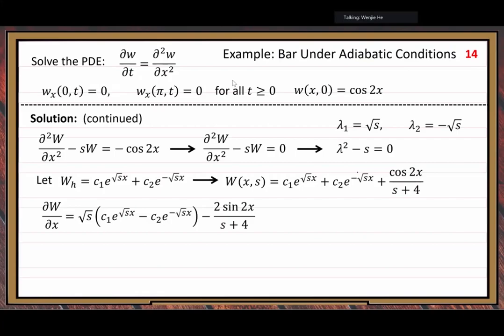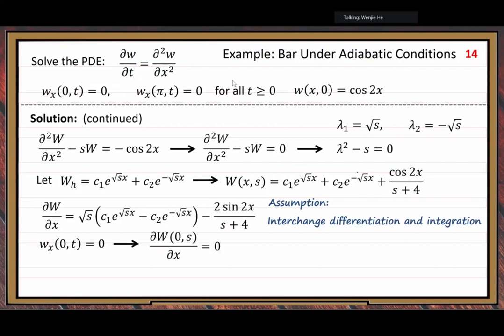Now we apply the interchange of differentiation and integration again. Let's apply the Laplace transform to both sides. The right-hand side is 0, and the left-hand side relates to capital W. I skip the Laplace step because it is very simple and straightforward. The Laplace transform of 0 is also 0.